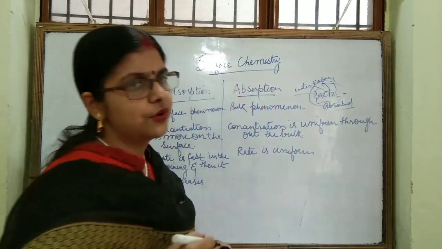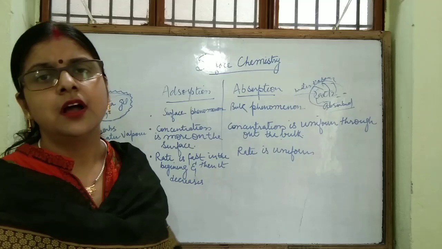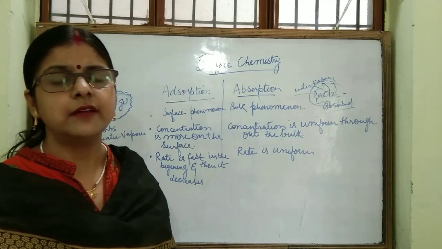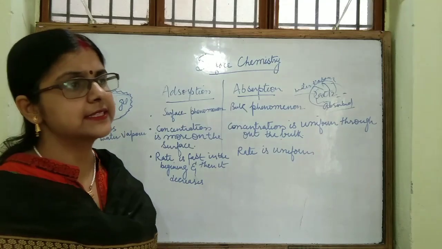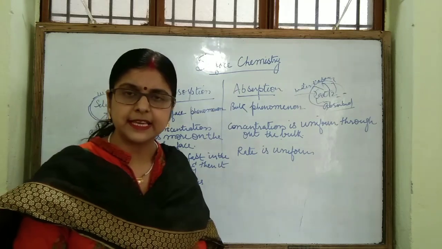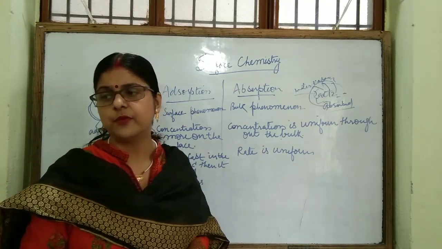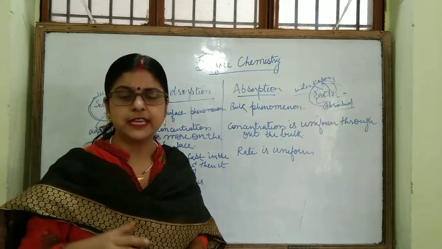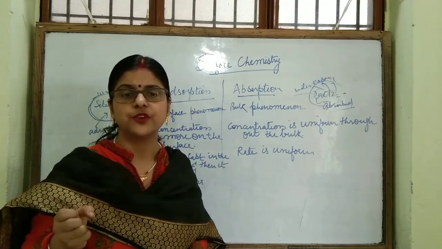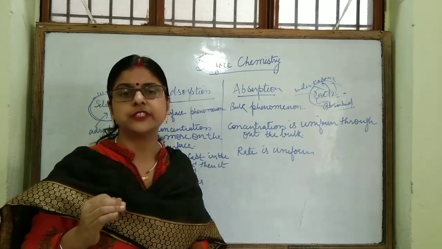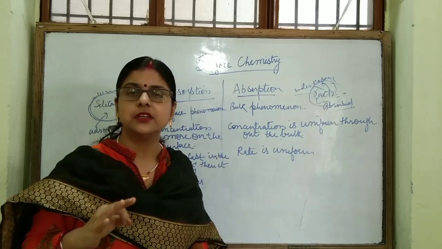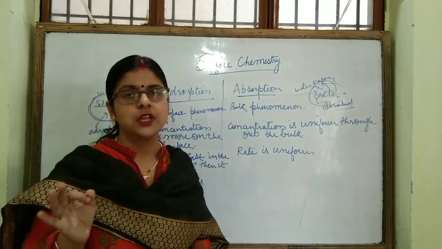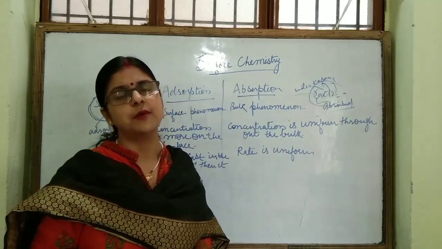So I have given one example of adsorption and absorption. If you are using silica gel, then it will adsorb the water vapor, and if you are using calcium chloride, then it will absorb it. So this is the difference between absorption and adsorption.